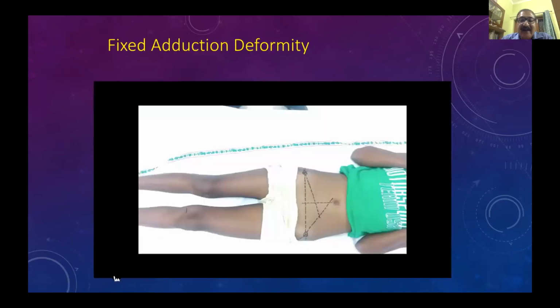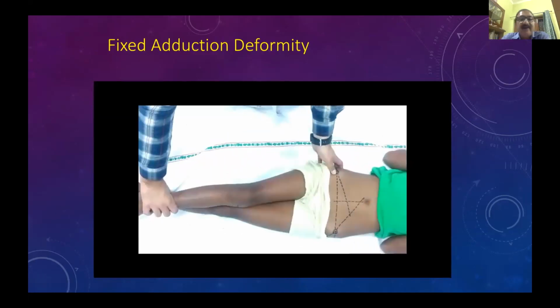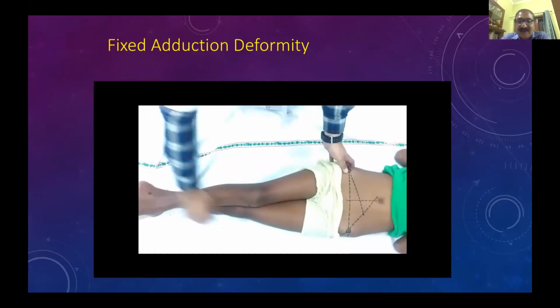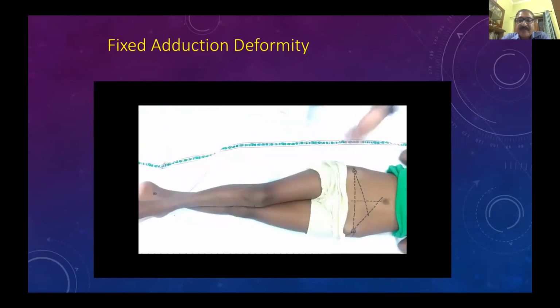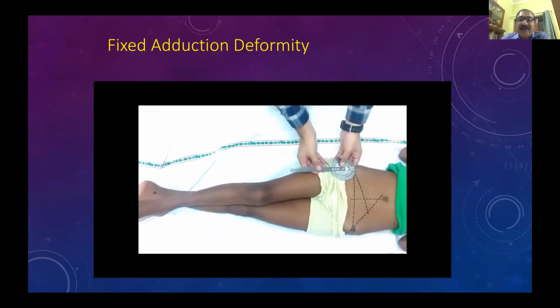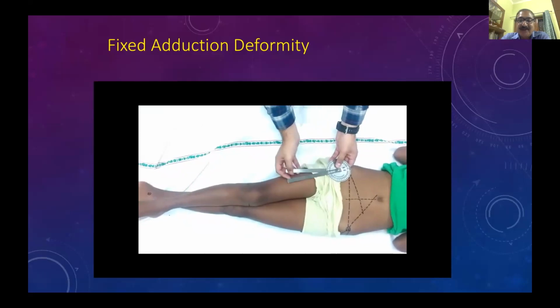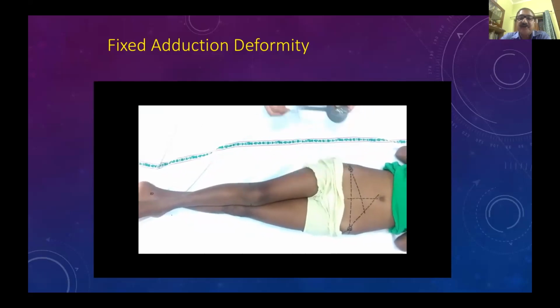The same principle is followed. The anterior superior iliac spine was on a higher level. The limb is moved to adduction, and the pelvis has become squared now. One can measure the deformity in this manner. So square the pelvis and measure the deformity as shown in the method.